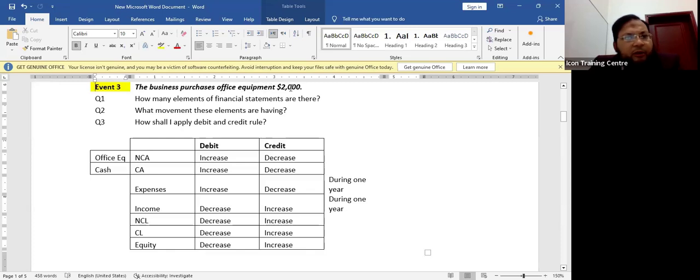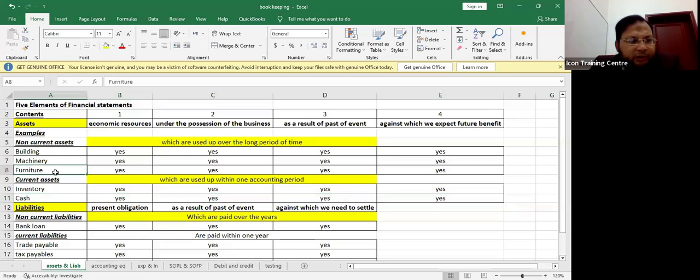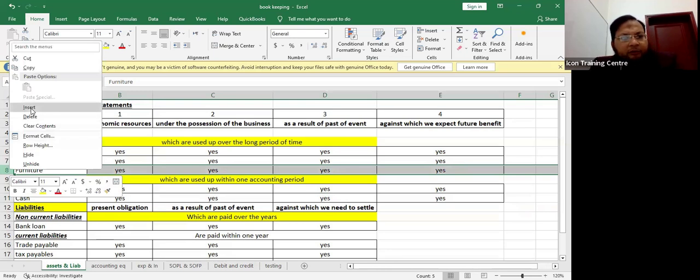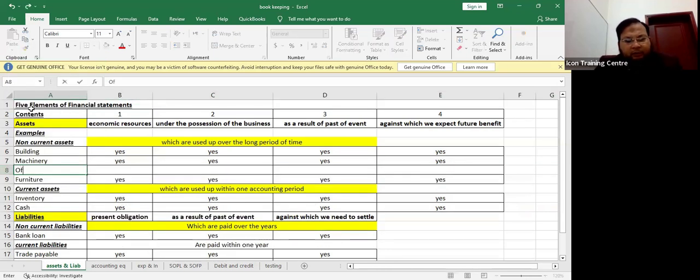So office equipment is coming into the business and cash is going out. Now we have two things, office equipment and cash. We have to record these two things. So if we again analyze the definitions, office equipment and furniture, right? We can also add here office equipment, right?